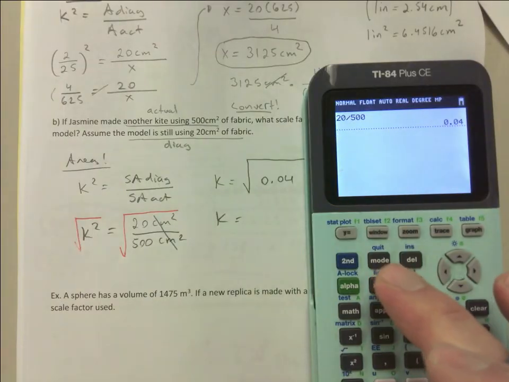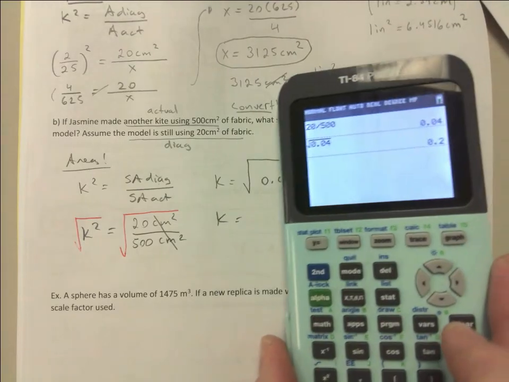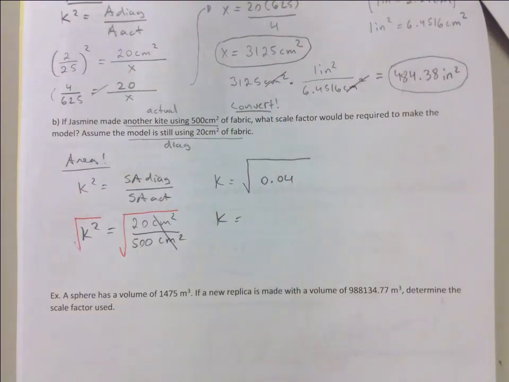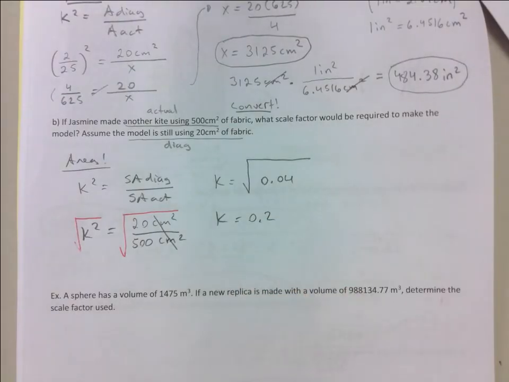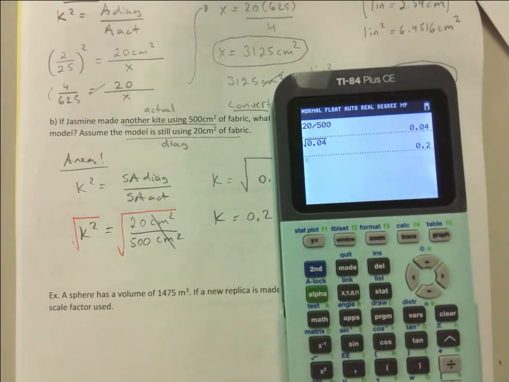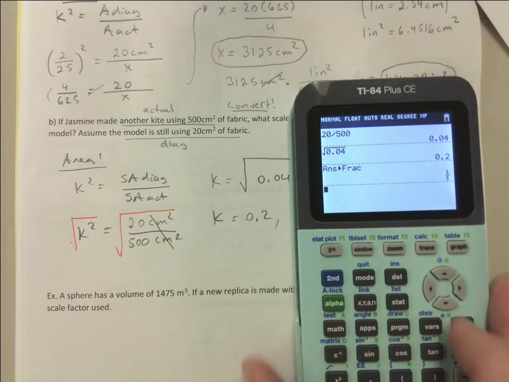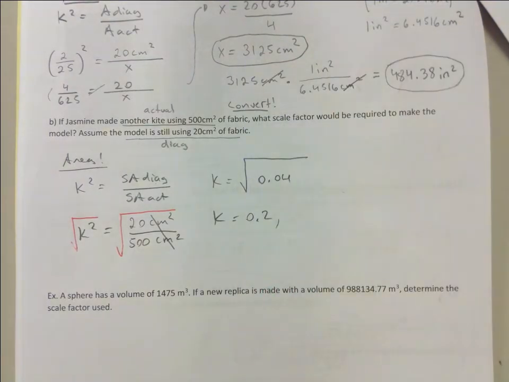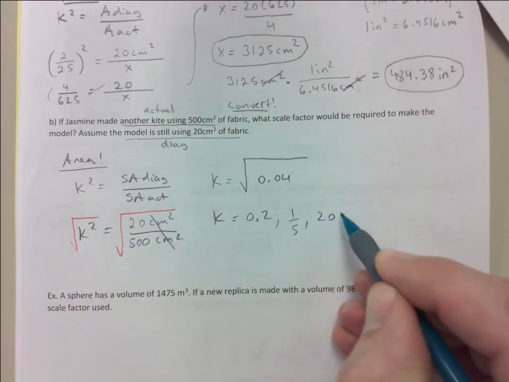And then if I square root that answer, I get 0.2. You can turn that into a fraction if you want. I didn't ask for it, so I wouldn't bother with this unless I ask you. So that's 1/5. As a percent, that would be exactly 20%.